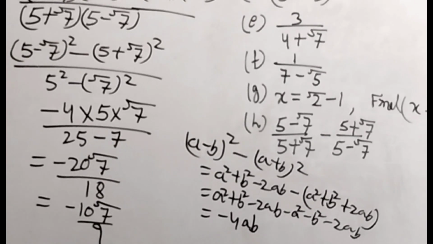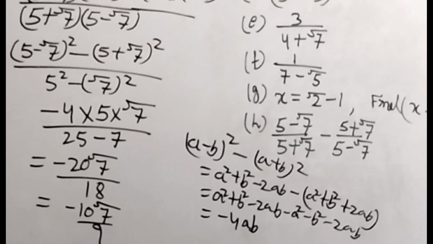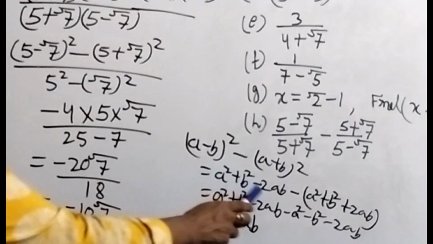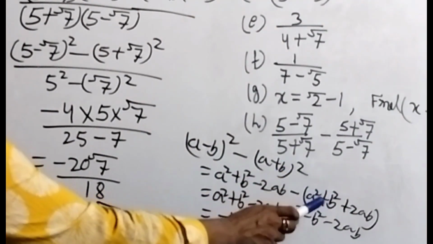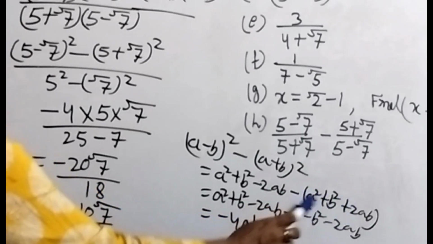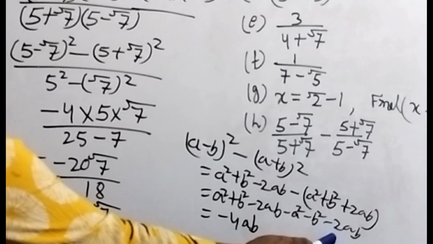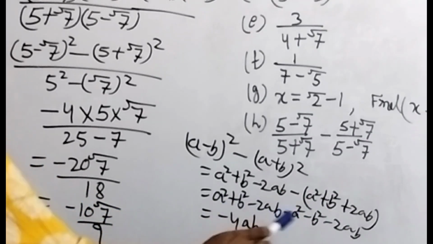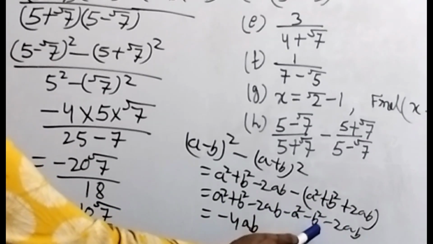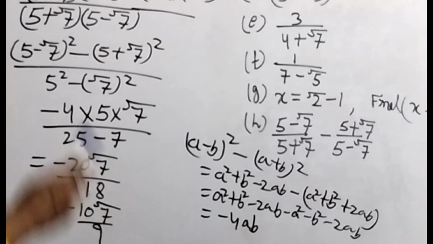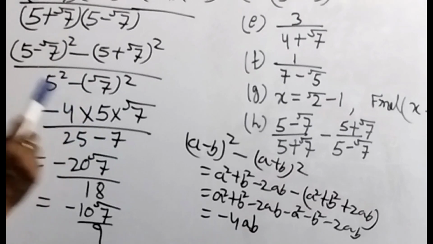How minus 4ab? See, a minus b whole square is a square plus b square minus 2ab. a plus b whole square is a square plus b square plus 2ab. Now this is minus, so minus a square minus b square minus 2ab. The a square plus b square cancel, and minus 2ab minus 2ab is minus 4ab.